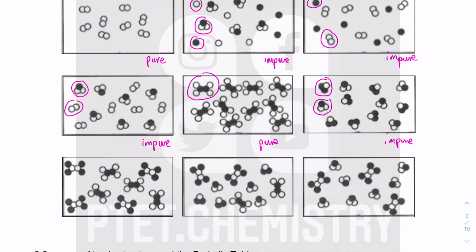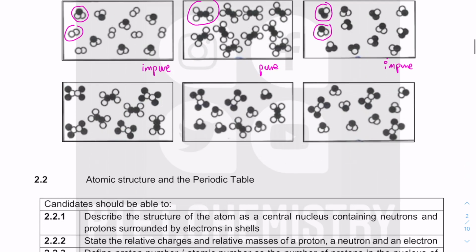It is not pure. When I see it's impure, definitely it tells me they are not the same compound. Therefore, it must be a mixture of compounds there. This thing is 4 black on the outside. This is 4 white on the outside. So this is impure again. The next thing is also impure.